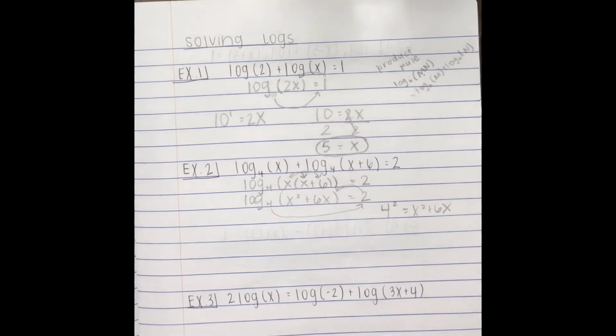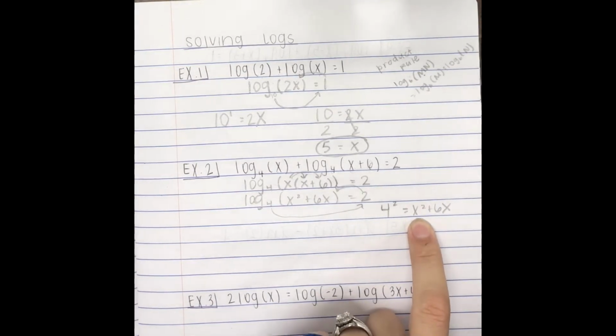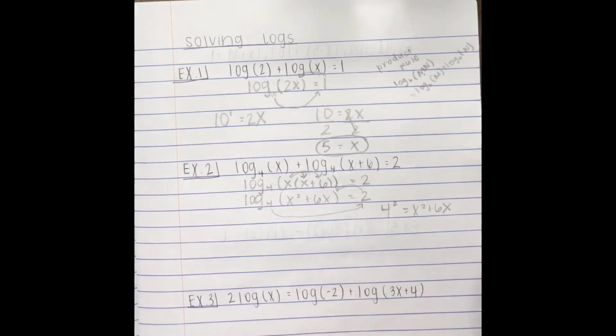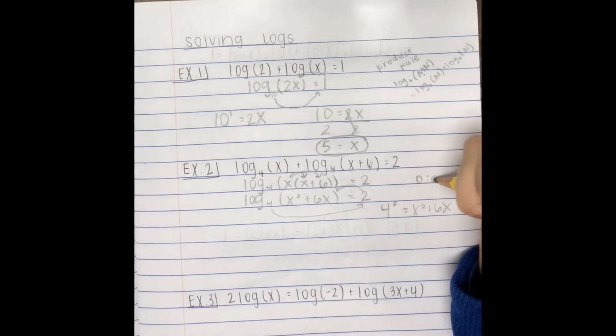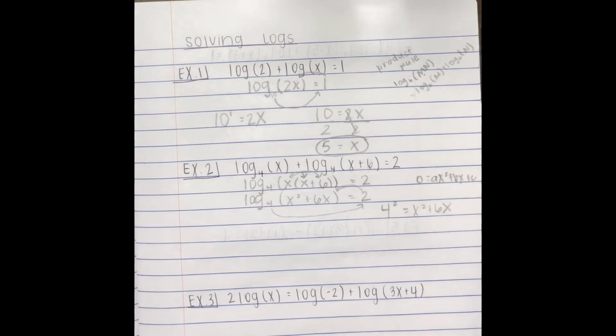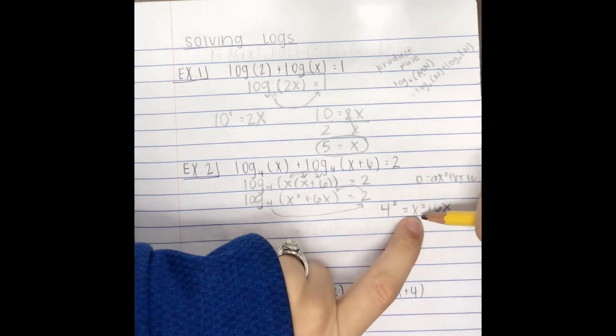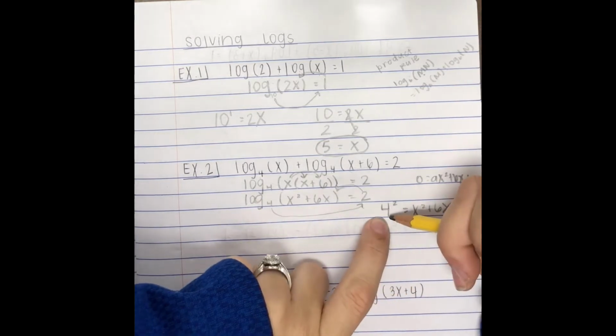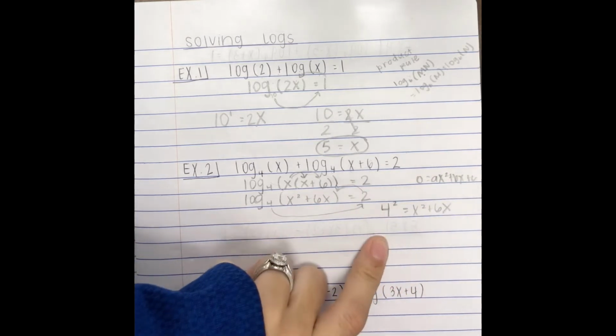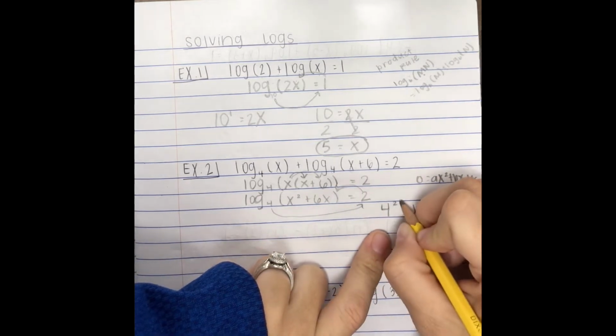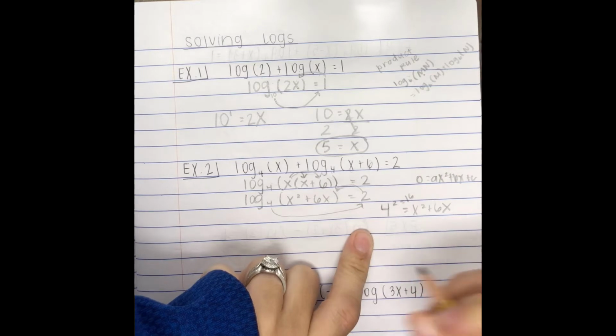And now I'm going to want to solve, but if I notice I have an x squared, then that means I'm solving quadratics, okay? So I want to get it to 0 equals ax squared plus bx plus c. I have my ax squared plus my bx. Now I need to simplify my 4 squared. 4 squared is 16.